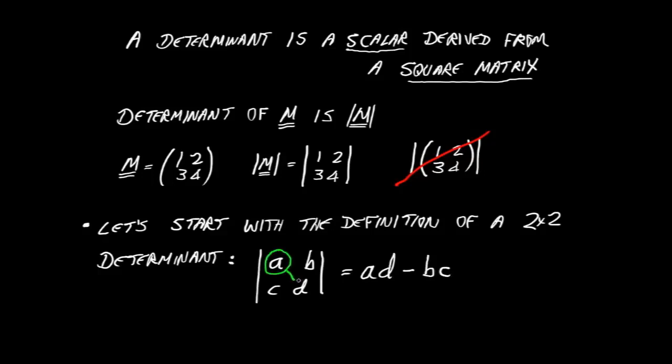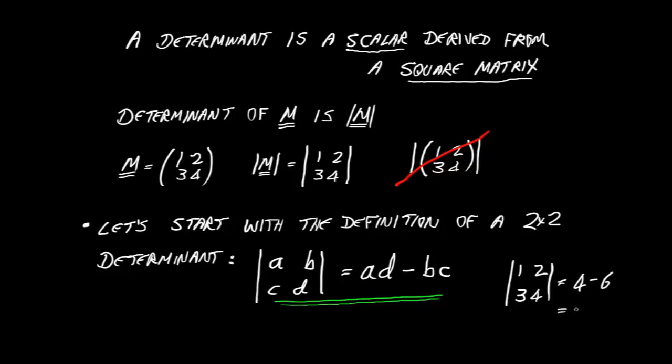Okay, so that's the falling diagonal, the leading diagonal is also called, minus the rising diagonal, multiplied together. Very simple, and that is how you can just look at and evaluate a 2 by 2 determinant. So for our example, 1, 2, 3, 4, 1 times 4 is 4, subtract off 2 times 3 is 6, and so that's going to give us minus 2 is the determinant.